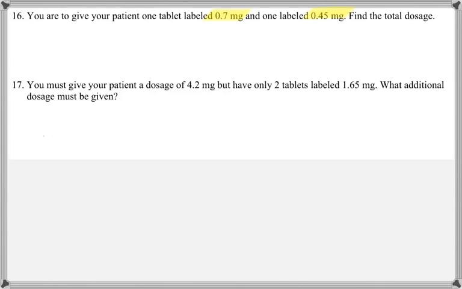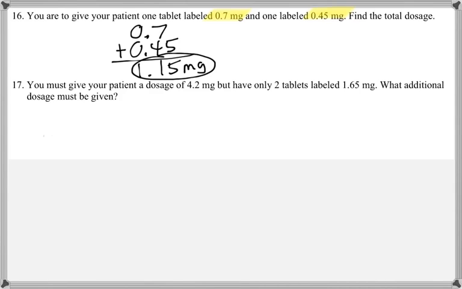So to find the total dosage, I basically just need to add these up. And if I do that, I get 1.15. Now I want to make sure that I put units on my answer, and that will be milligrams. So if there's units in the problem, we always need to remember to put units on our answer.